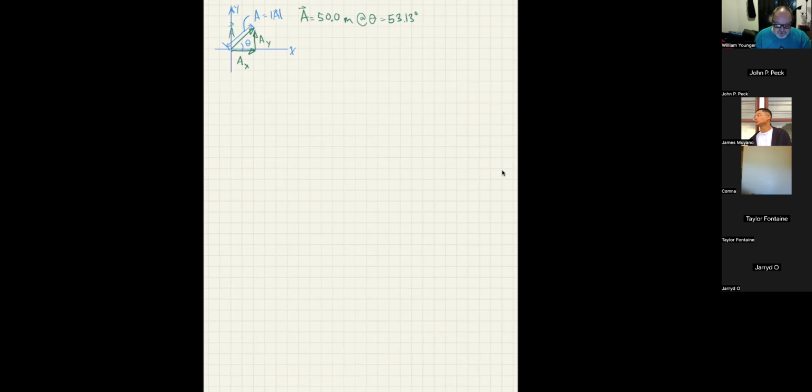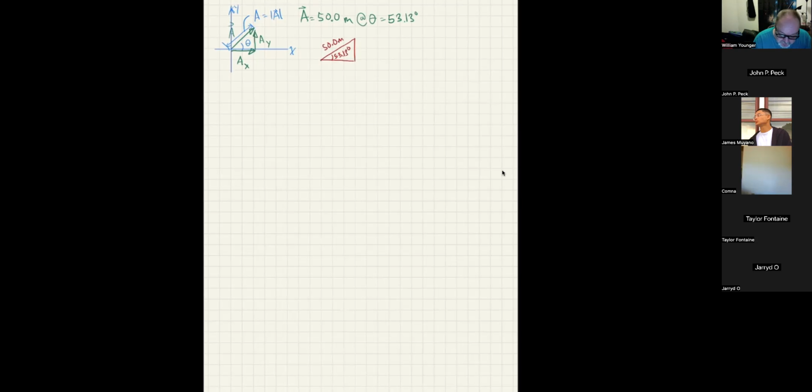So what we can see is we have a right triangle. So let's look at that right triangle for a second. It looks like that right triangle is maybe this, where this is 50.0 meters and this is 53.13 degrees. And this is why I tell you guys, go ahead and write sine, go ahead and write cosine. And then the more familiar you get with it, by all means, you can jump right into the components.